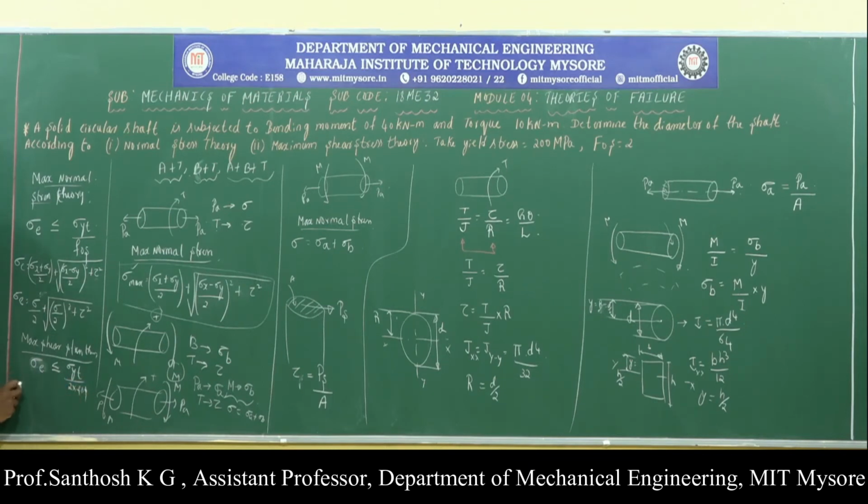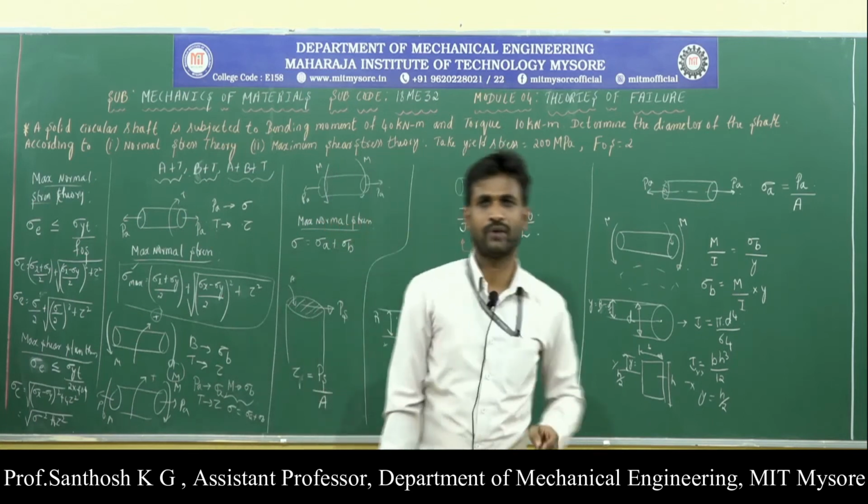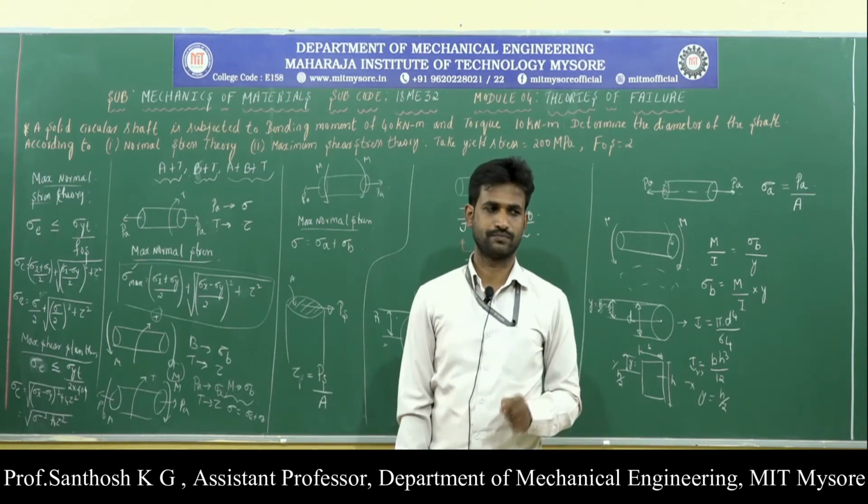Here sigma E can be calculated using the formula square root of ((sigma x minus sigma y) whole square plus 4 tau square), or it can also be calculated using the formula square root of (sigma square plus 4 times tau square). So, using these formulas, let us try to solve a problem on theories of failure.